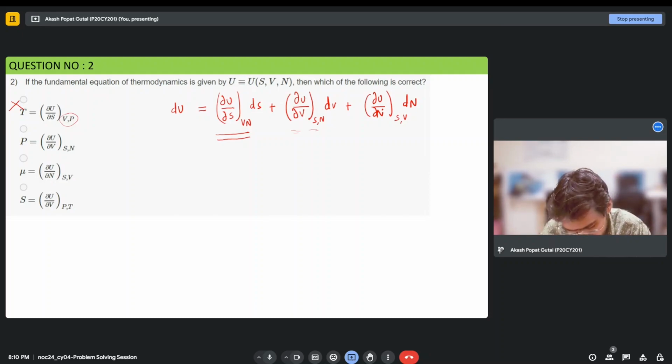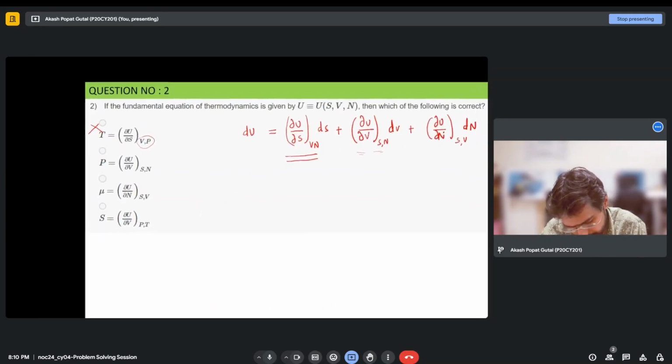But the third thing, del U by del N at constant S and V, is the definition of chemical potential. And the last thing is S is equal to, at constant P and T, del U by del V. This is also not the relation.